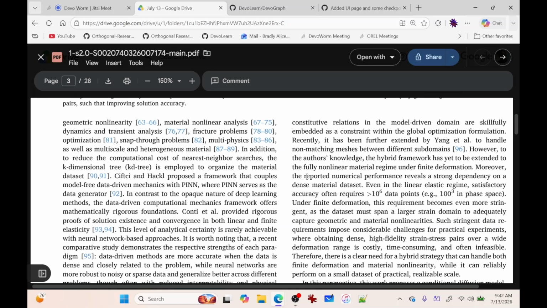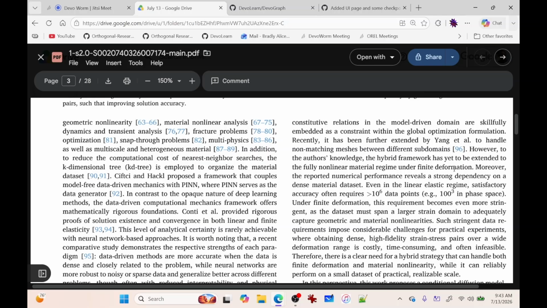The constitutive relations in the model-driven domain are skillfully embedded as a constraint within the global optimization formulation. Recently, it has further been extended by Yang et al. to handle non-matching meshes between different subdomains. However, to the author's knowledge, the hybrid framework is yet to be extended to the fully nonlinear material regime under finite deformation.